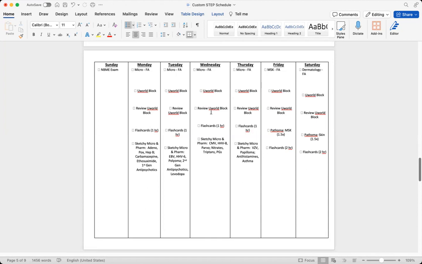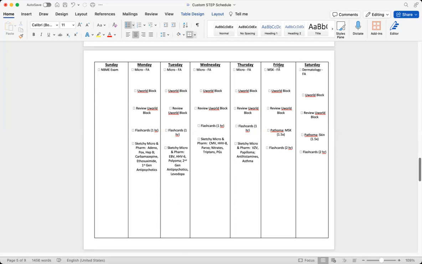This next 4 days should be relatively light in terms of accumulating new information as you've been studying micro the entire schedule and by watching the Sketchy videos. You're going to continue doing your UWorld blocks. You're going to continue reviewing those and you're going to continue your flashcards. You're also going to start wrapping up your Sketchy micro and pharm videos.